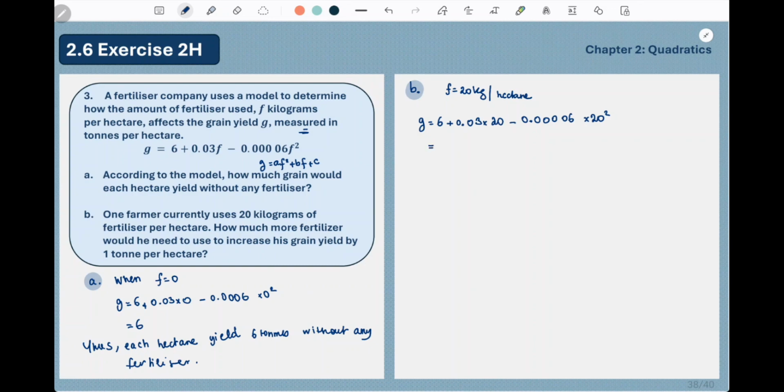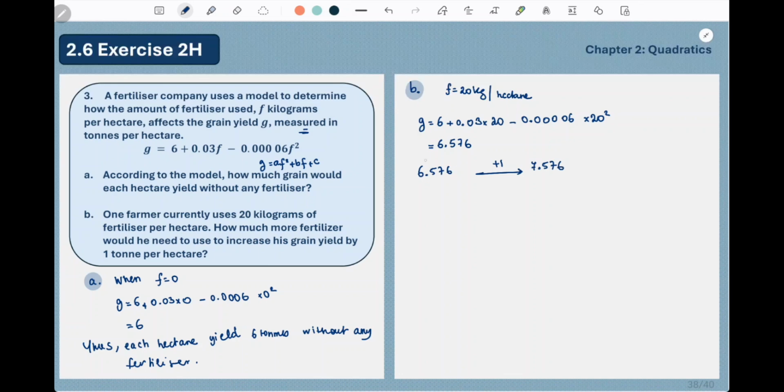Putting this in a calculator, we find that the current grain yield is 6.576. Let me check. Yes, it's 6.576. I want to increase it by 1, so I would like it to go from 6.576 to 7.576. We just increased it by 1.